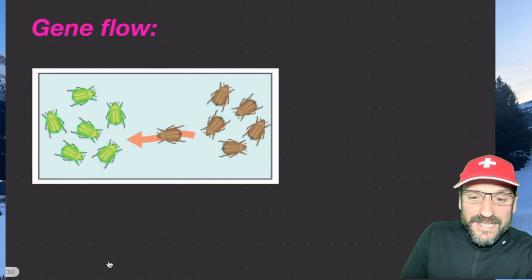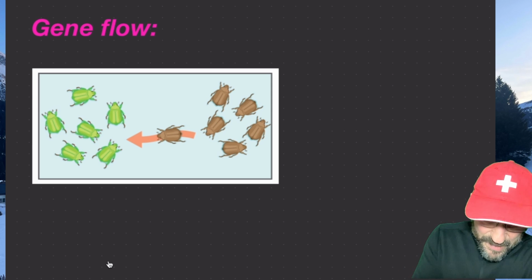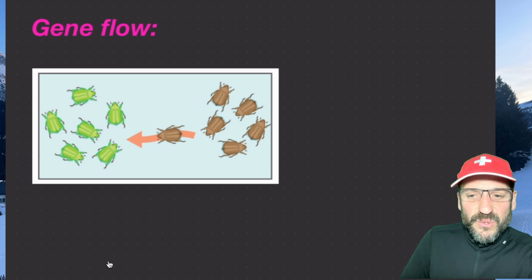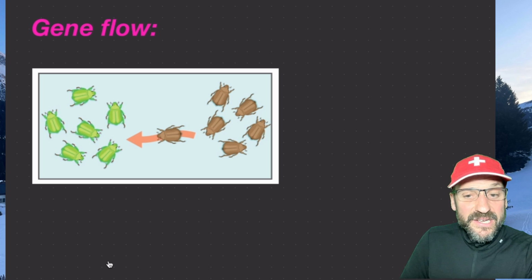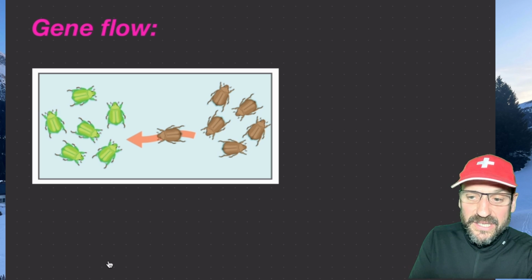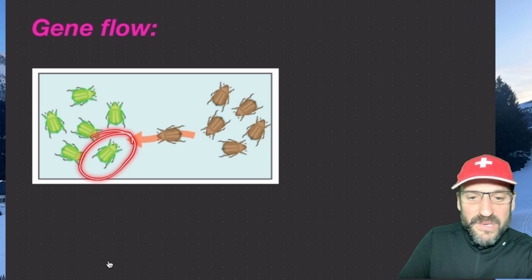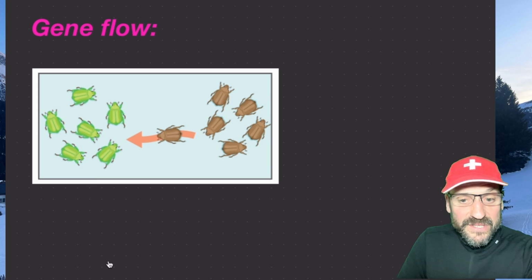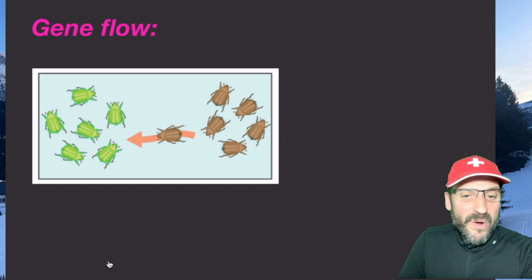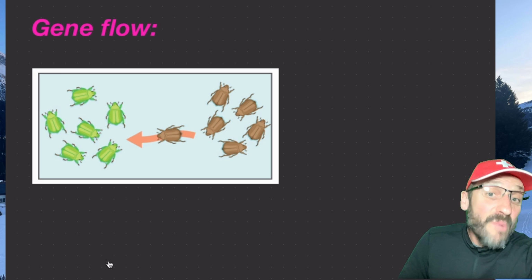Or, as you can see in this example, the brown beetle moves to another geographic location and introduces its alleles to the green beetle population. Over time, that can reshape an entire gene pool, and new genes can spark exciting changes in a population's future.